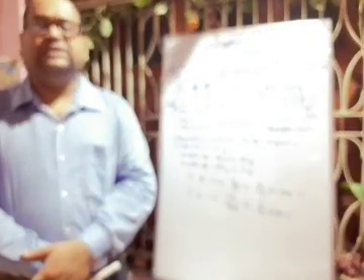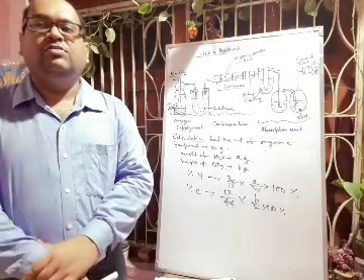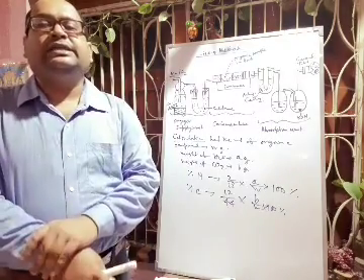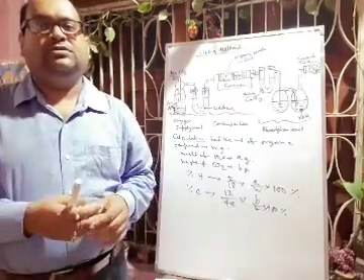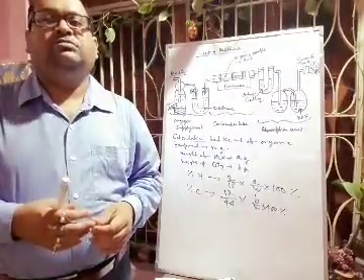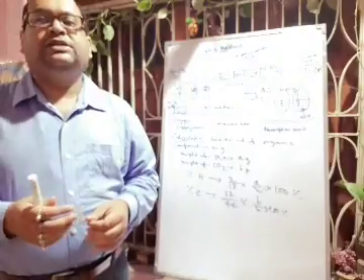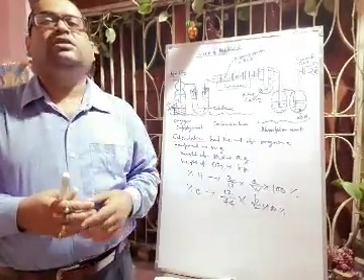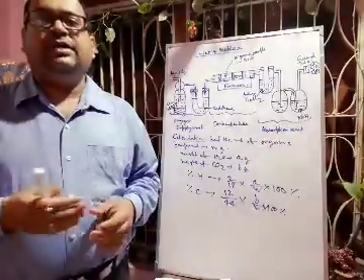The volume of the unreacted acid is determined by titration with a standard alkali solution, and from the amount of ammonia evolved, the nitrogen in the given compound can be estimated. Now what is the procedure in case of this Kjeldahl method?